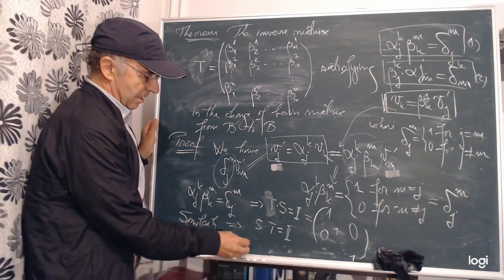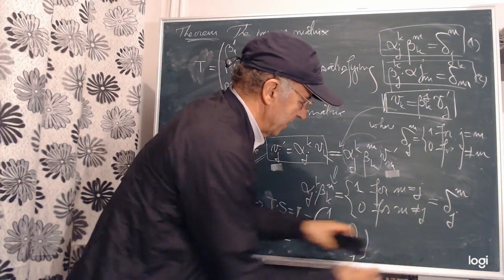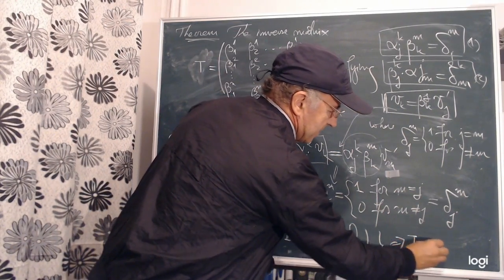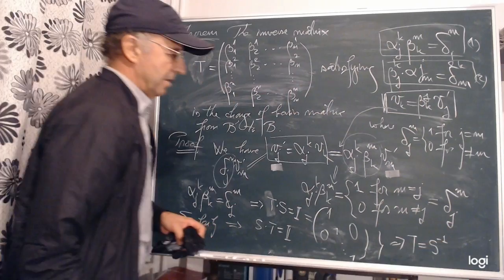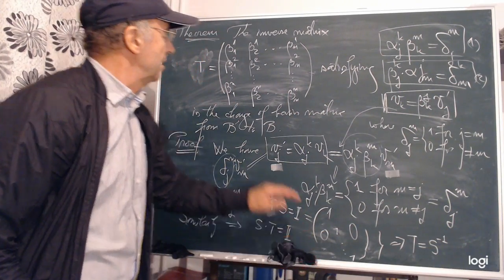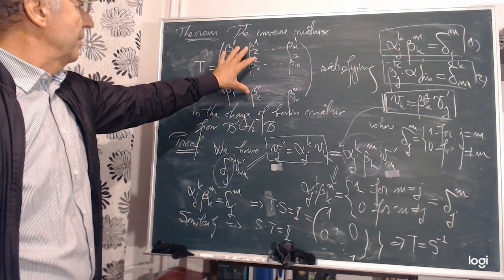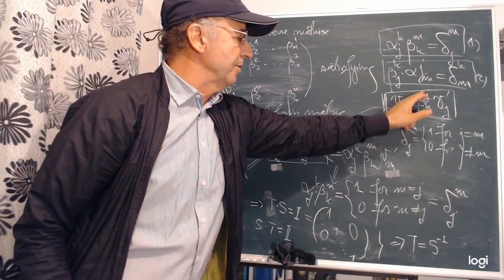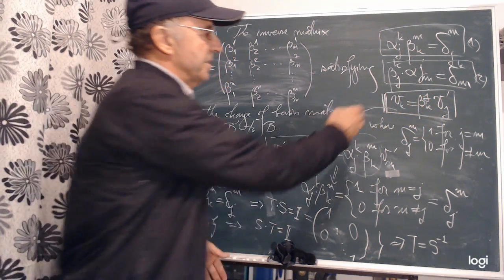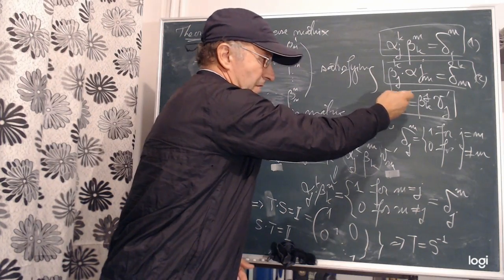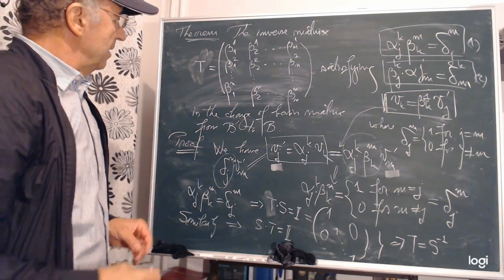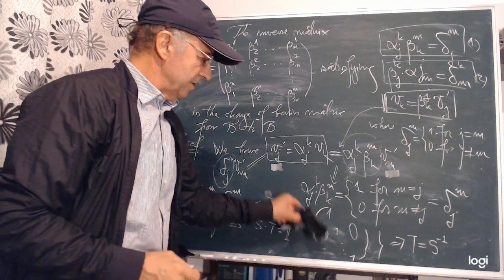And so from these two relations, we get that indeed T is S minus 1, and the elements of this matrix are the coefficients we have used in order to express the vectors of the basis in terms of the new basis. So we have this result.